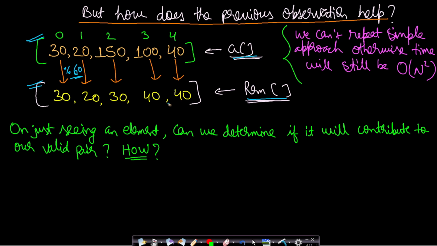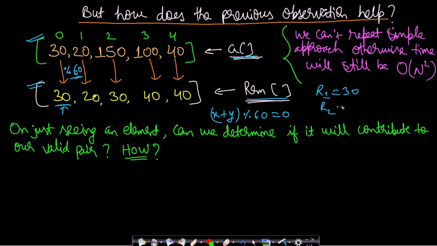Now in this case the question is slightly changed. Previously what was our goal? Our goal was to find pairs such that x plus y must be divisible by 60, so the mod value should be 0. But what is our new question? If you take this remainder array, and we are at a given element, let's say this 30, then r1 is equal to 30, right?